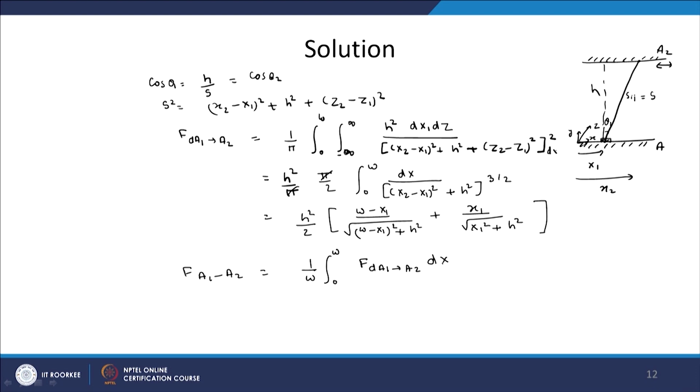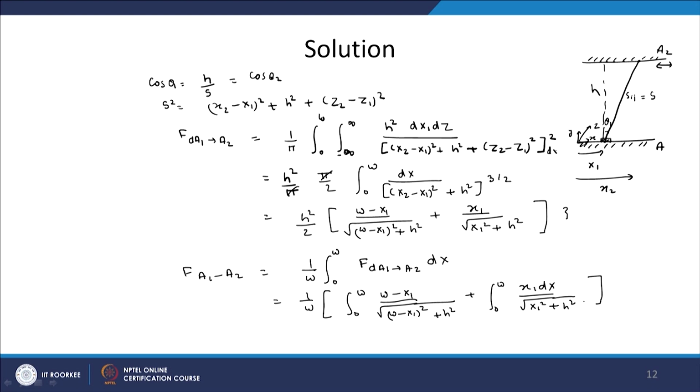So, we substitute the value of F dA1 A2 from the previous expression, we get 1 upon w, integral 0 to w of (w minus x1) upon root (w minus x1) square plus h square, and then similarly integral 0 to w of x1 dx1 upon root x1 square plus h square.